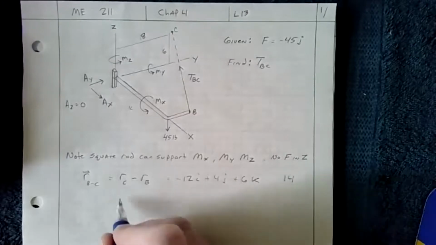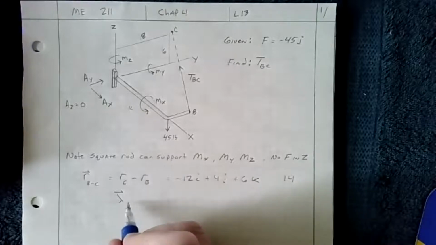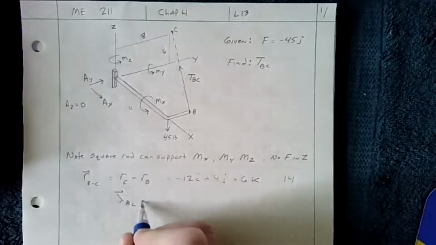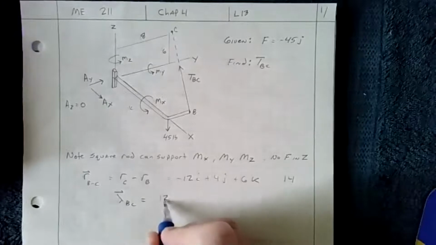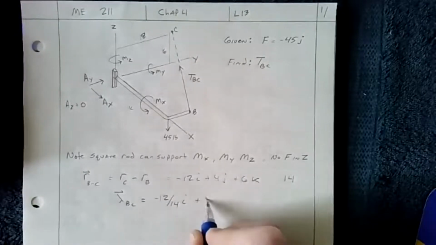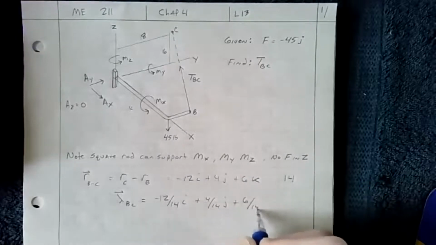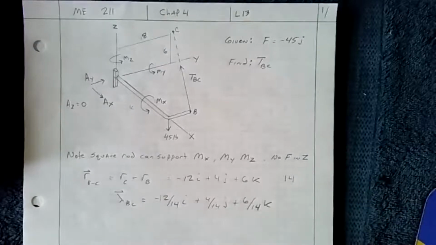So what that means is that if I draw the unit vector lambda for BC, it's going to give me negative 12 fourteenths I plus 4 fourteenths J plus 6 fourteenths K. I could reduce that to negative 6 sevenths, 2 sevenths, 3 sevenths if I wanted to. But the important thing is that I have this unit vector.